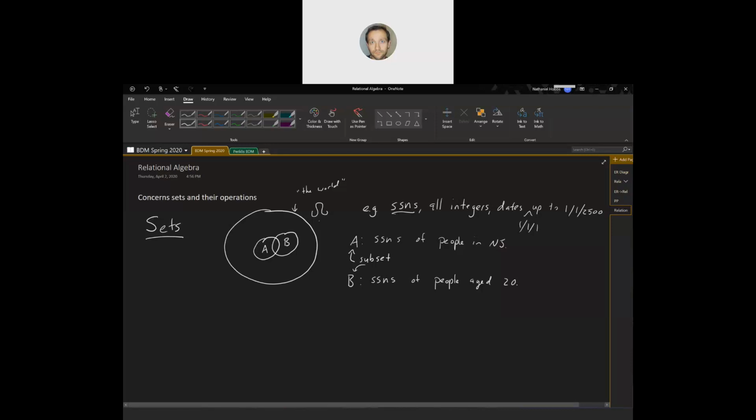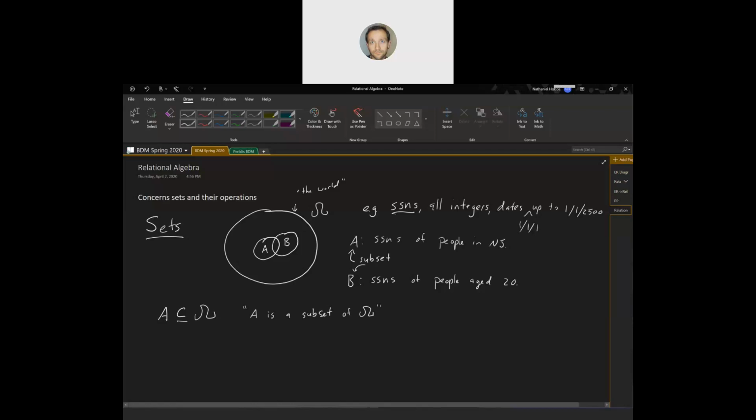This is, by the way, how a subset is written. Well, I'll get to notation later here. A is a subset of omega.